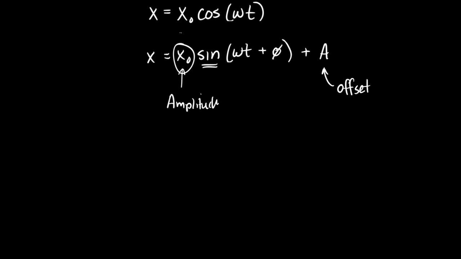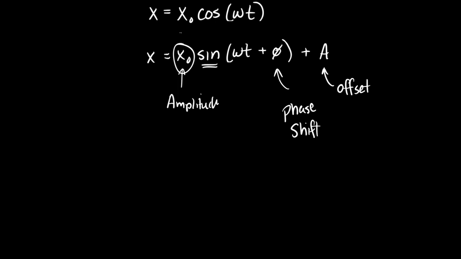Now, some of these, I'm not sure you are as good at remembering what they are. And one of them is actually very important to us, and one of them isn't. This one, do you remember the name of this one? Phase shift? It's the phase shift, yeah. That shifts the function left or right.